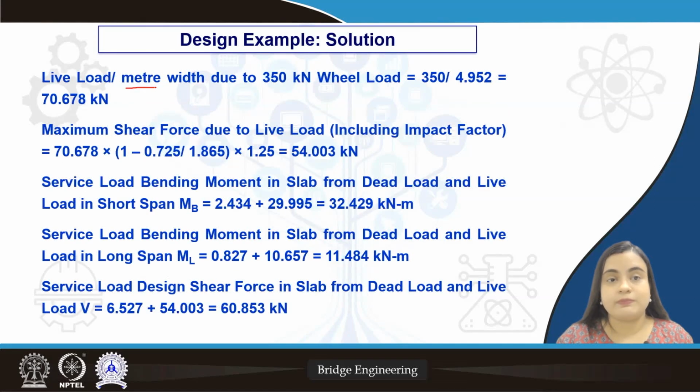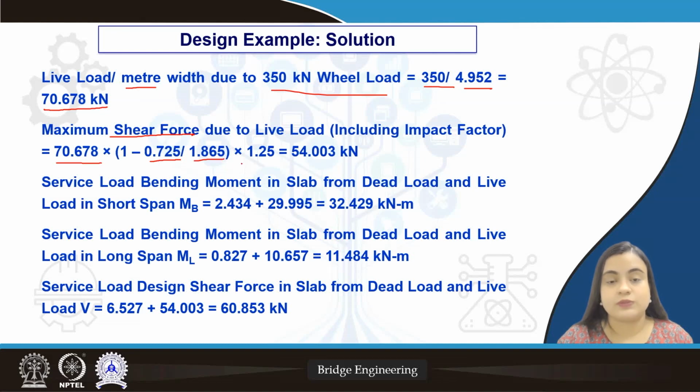So live load per meter width due to 350 kilonewton wheel load will be 350 by effective width of 4.952 meter. So that is equal to 70.678 kilonewton per meter width. So from there, maximum shear force due to live load, including impact factor, can be obtained as 70.678 times 1 minus 0.725 divided by 1.865.